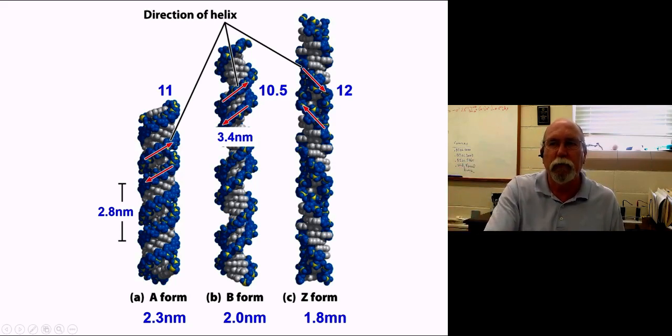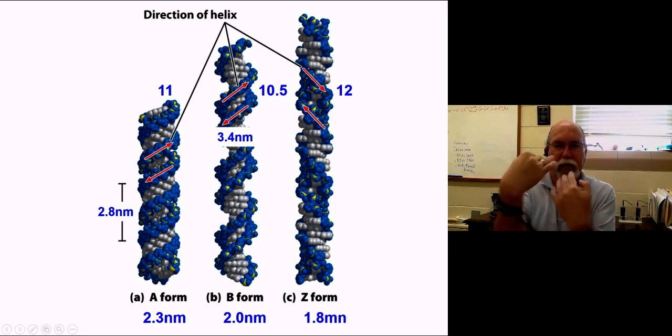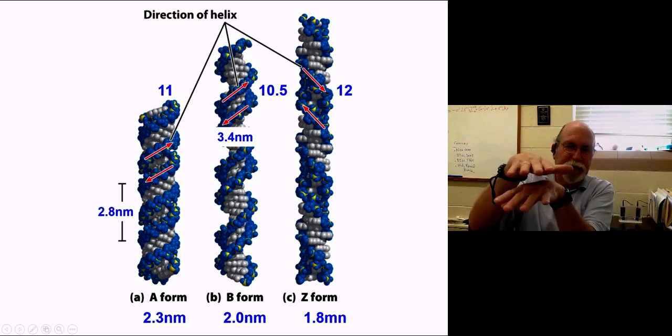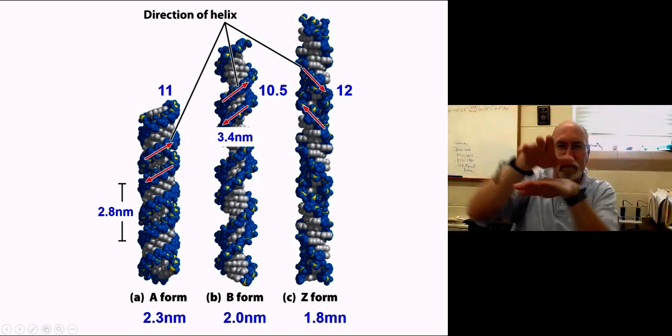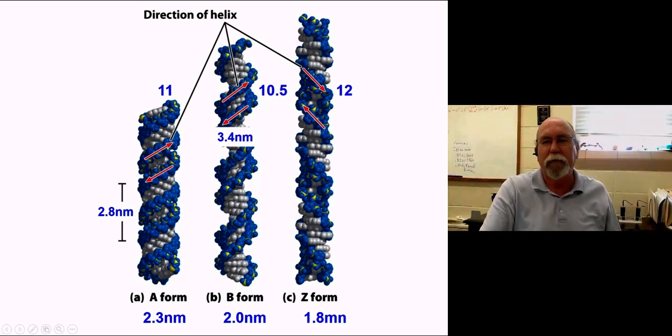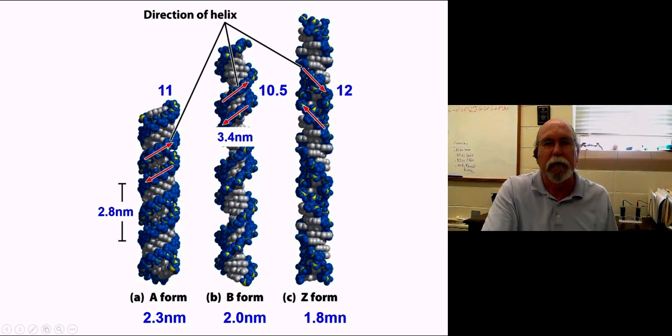Instead of 1 base level, it actually has 2. You notice there's always 1, 2 base setups here. So while it's still a connection of 2 bases, A to T or G to C, it's actually a 2 base stack instead of just being 1 base pair like this. It's a 2 base stack as you go up. And of course it goes the other direction, making a somewhat irregular shape to it.